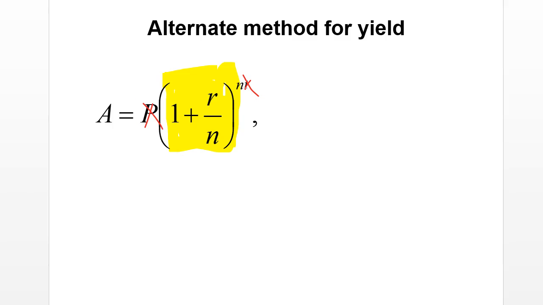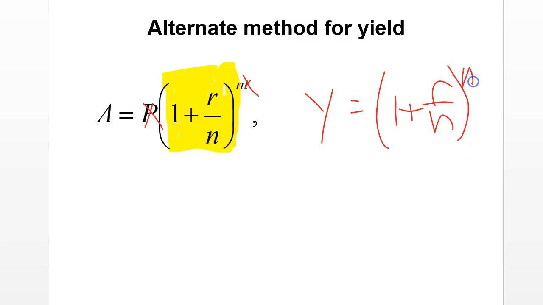So instead of A, we'll call it Y for yield. And we just do the 1 plus R over N to the N, right? And then we have to subtract 1 to get a decimal.